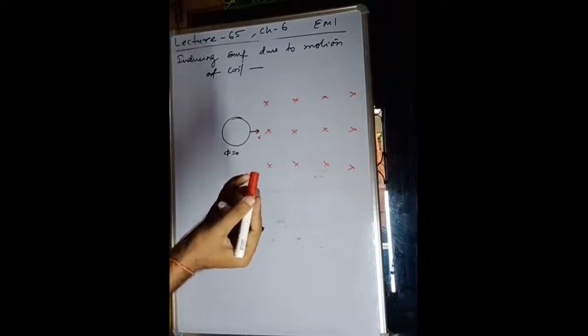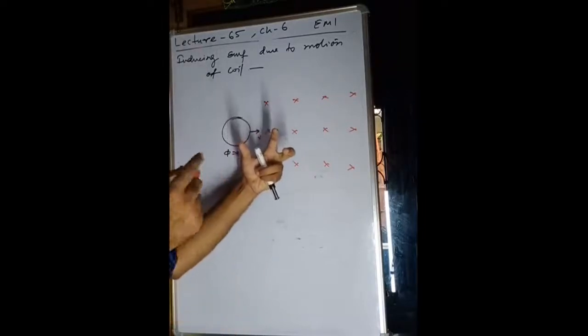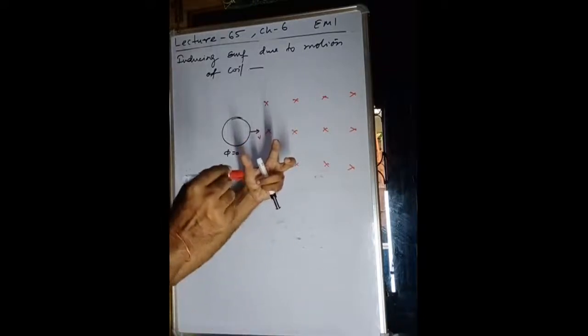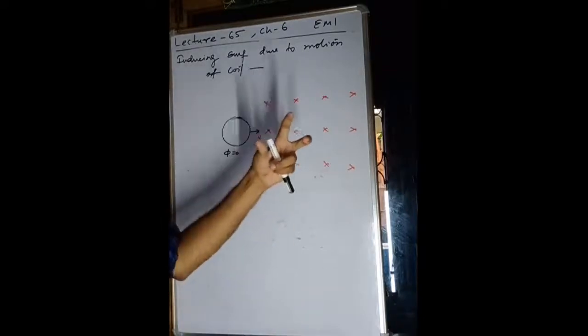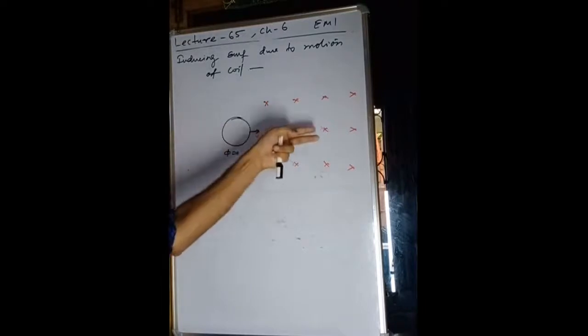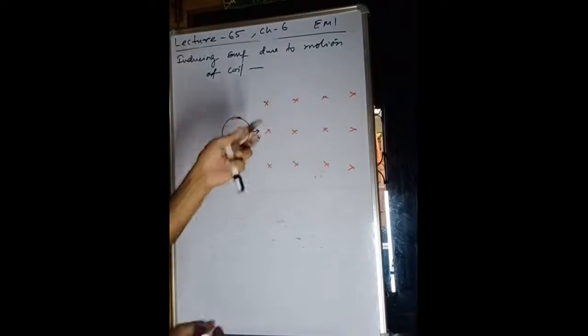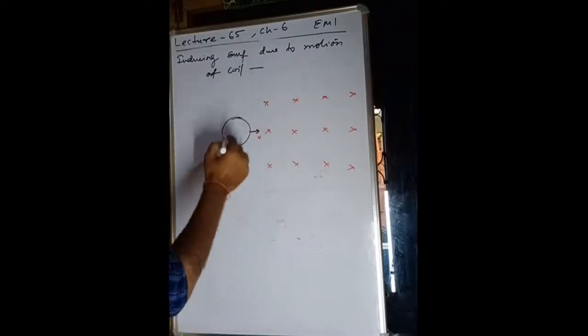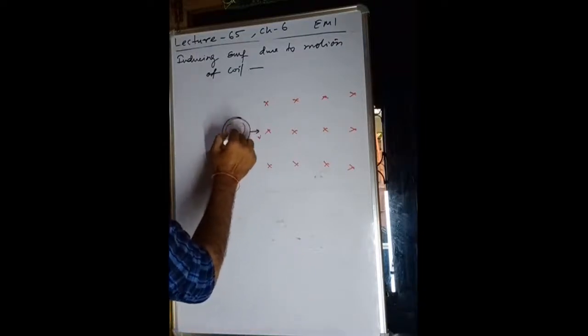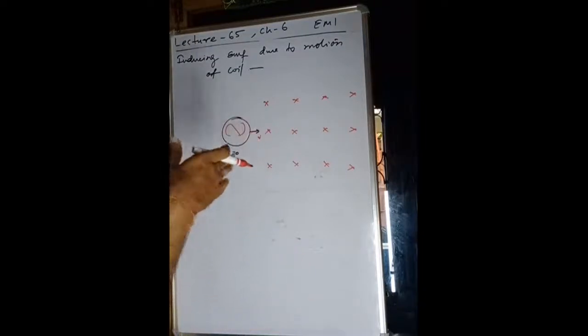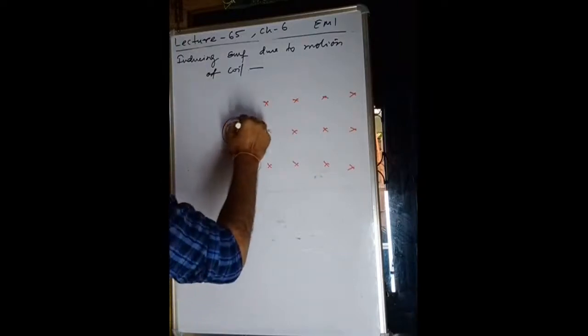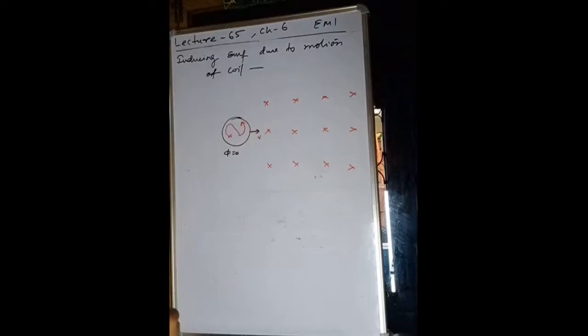Yes, north pole. And this is the coil. You have to suppose this north pole is going towards the coil. If the north pole is going towards the coil, which pole will appear? Of course, north pole, because the north pole is coming towards the coil, and it will start opposing by appearing as a north pole.